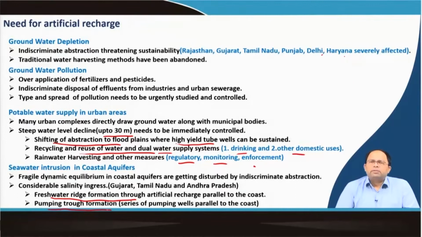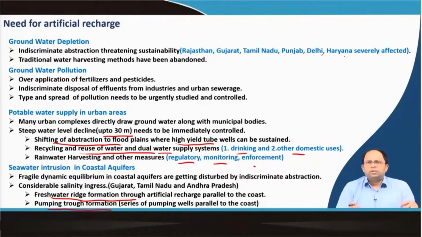So for ridges, we increase the level of groundwater by artificial recharge, and that means we are giving that extra water which doesn't allow the saline water to creep in. Whereas the other one, that is pumping, that means wherever saline water is coming in, we create a trough.